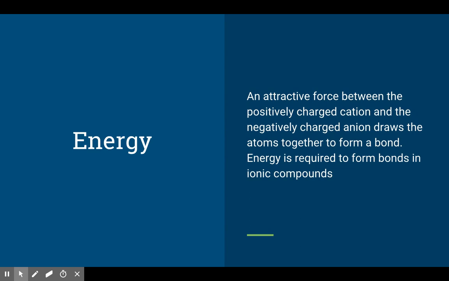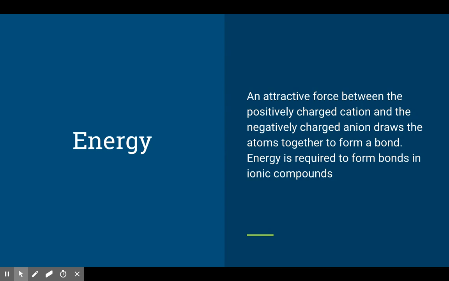And particles that have the same charge, for example, positive and positive, will push away from each other. It's like you think of a magnet, the ends of a magnet, positive and negative. The positive end of one magnet would push away the positive end of another magnet. However, the positive end of one magnet would attract the negative end of another magnet.